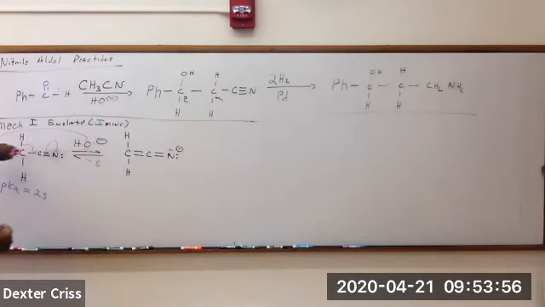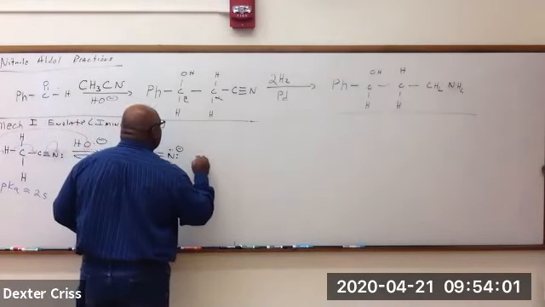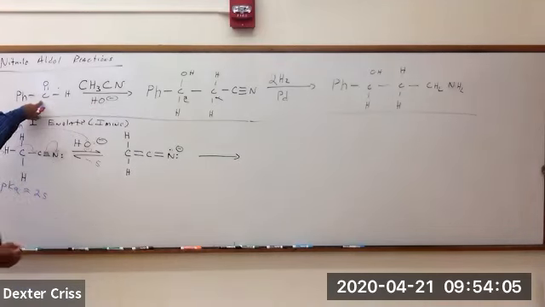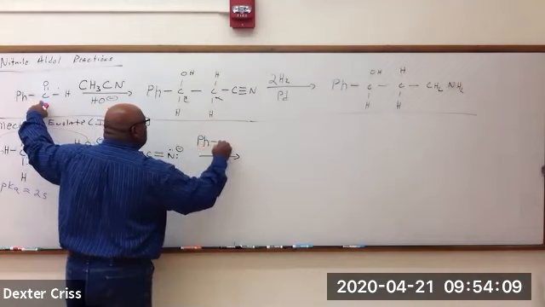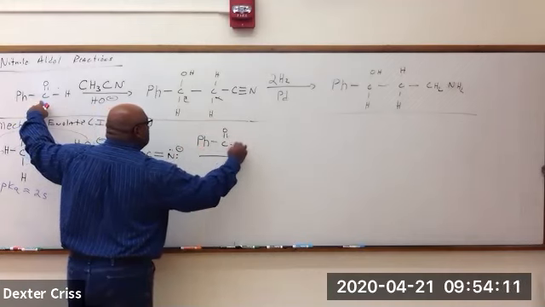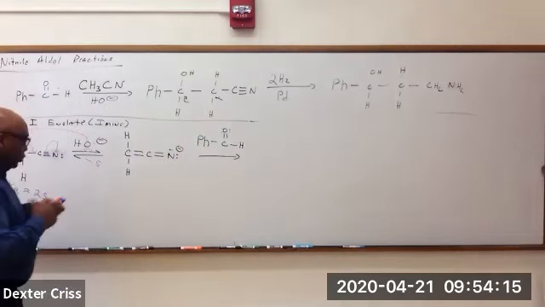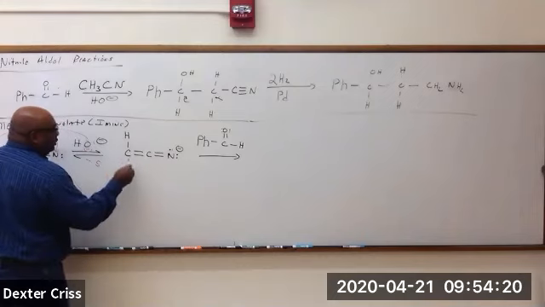All right, so I take this and I react it next. This step is a one-way step, and I react it with the aldehyde. And of course, this is nucleophilic addition to the carbonyl carbon.